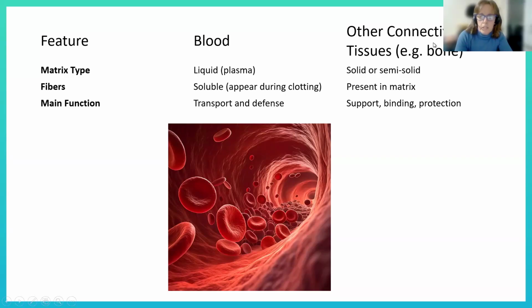The other connective tissue we were talking about as an example is bone. The matrix type in bone is solid or semi-solid. There are fibres present in the matrix, and the main function is binding, protection, as well as other things like making blood cells, for example. Attachment site for muscles is another example.